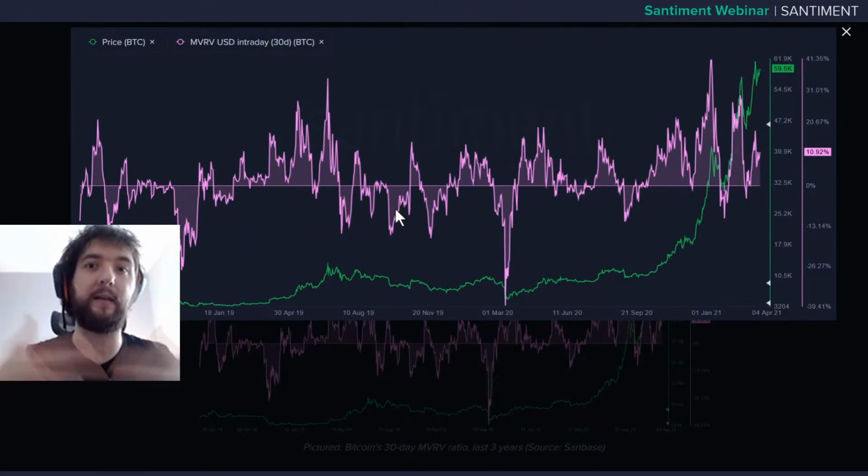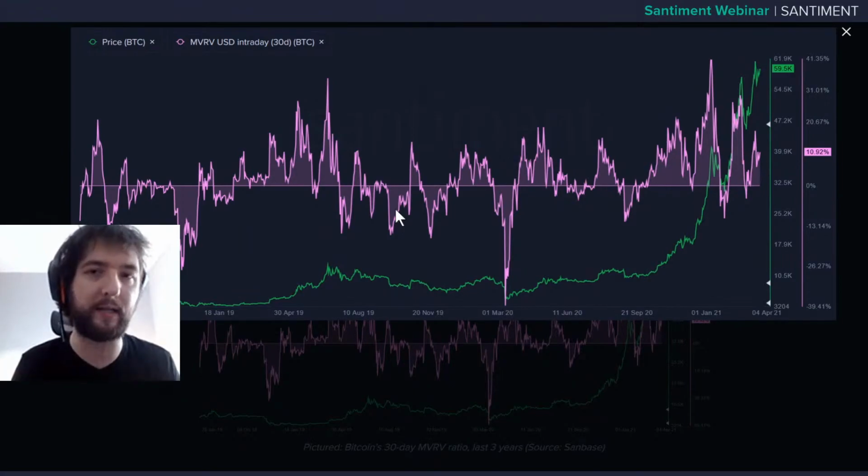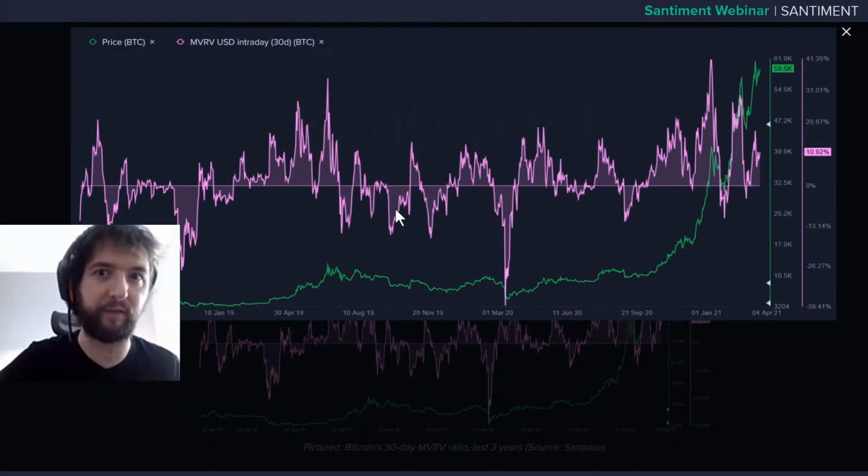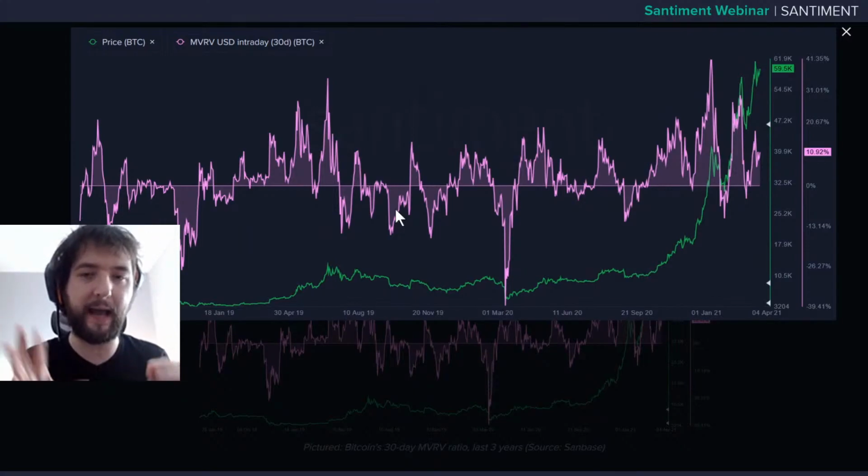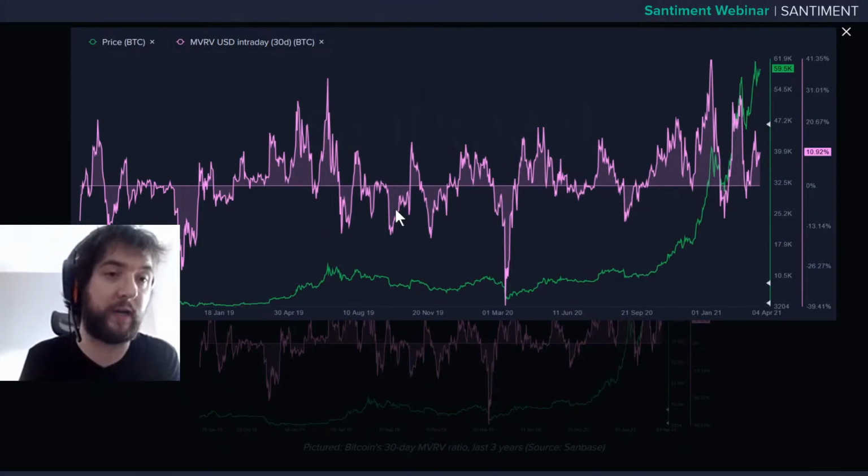So rather than looking at the entire lifespan of Bitcoin and all addresses, the profit of all addresses across time since the beginning of the network, here we are looking at the average profit or loss of all addresses that have acquired Bitcoin in the previous month alone. So in this case, we can actually gauge the average profit or loss of short-term Bitcoin traders.